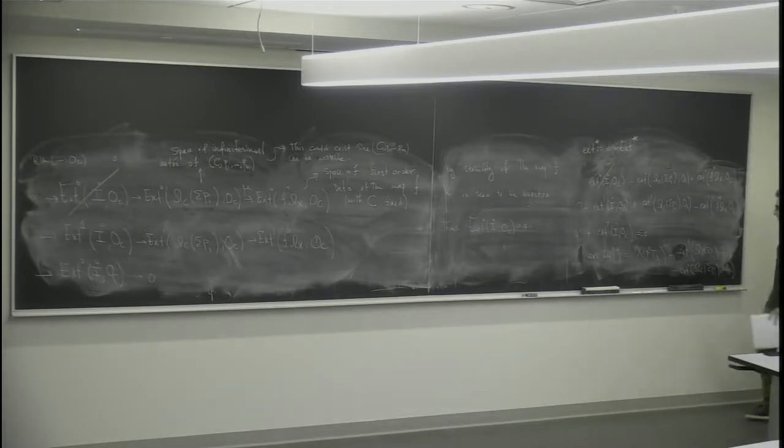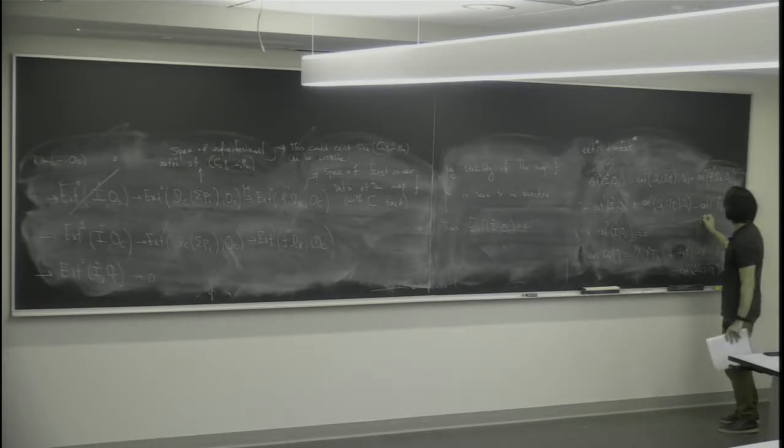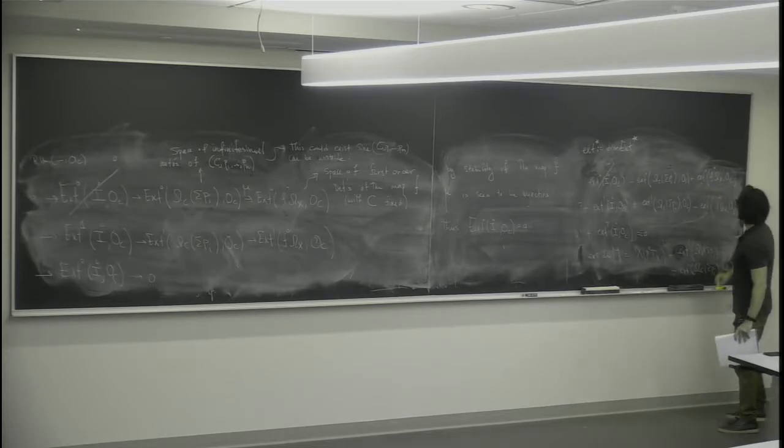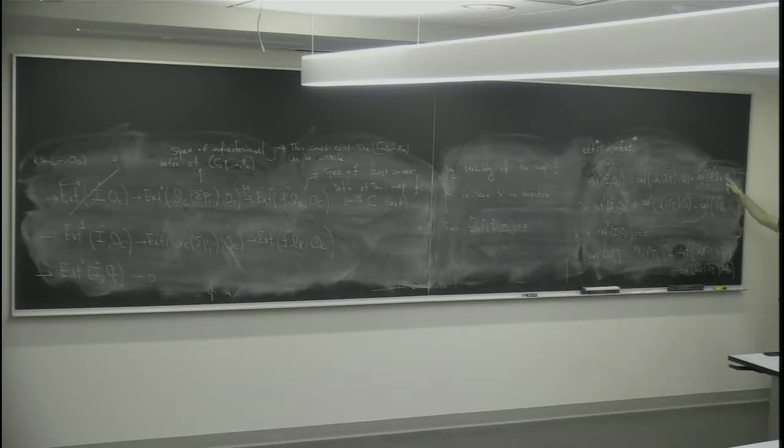This is coming from these two, obviously. It's a curve, so the Euler characteristic has only x1 and x0, so that's what it is.